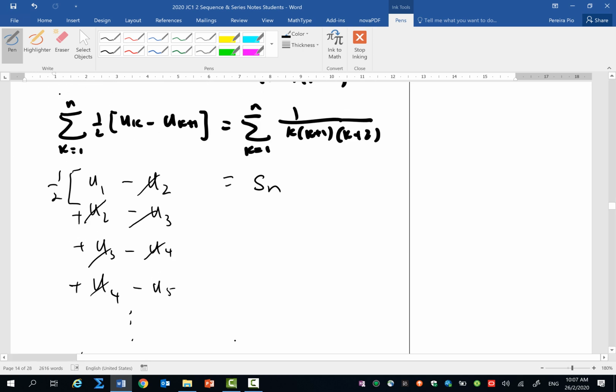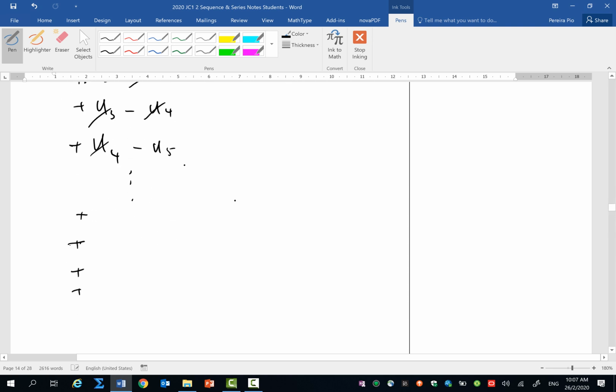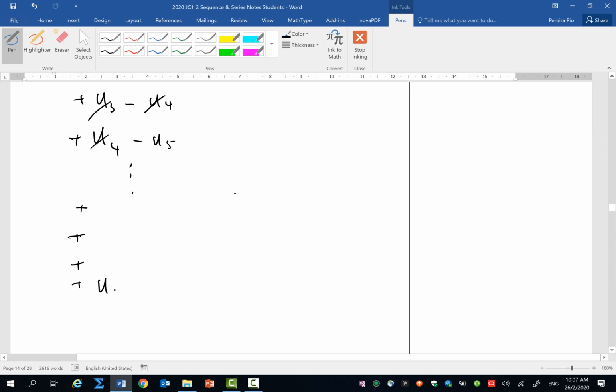When k equals n, that is the last line, so this is un minus un plus 1. The one above it must be un minus 1 minus un, and then un minus 2 minus un minus 1, and un minus 3 minus un minus 2. So you can see the cancellation should work like this.